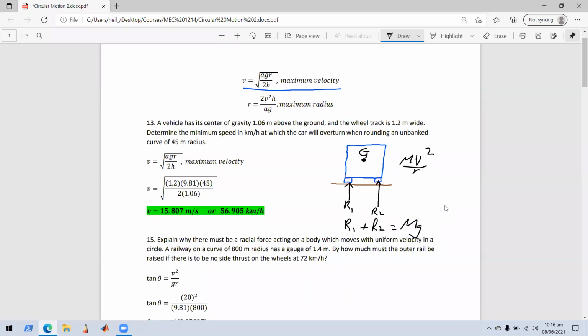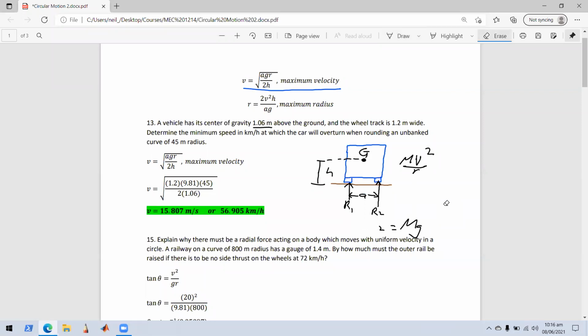Okay. And the distance here for the center of gravity is 1.06, or we could just say h, right? Distance is h from the ground. And the distance between these two is 1.2 meters, or we can just say a, right? This would allow us to establish a moments formula.